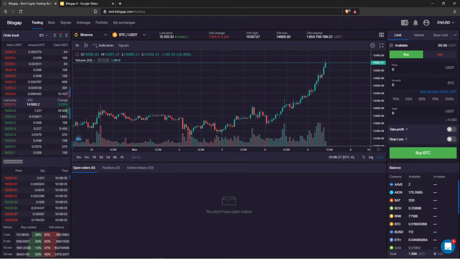Using these metrics, you can estimate whether the selling pressure on the market is relatively stronger than the buying pressure, and that gives you some idea of whether the market is more likely to continue its rally, or the rally has lagged a bit and it's about to fall.